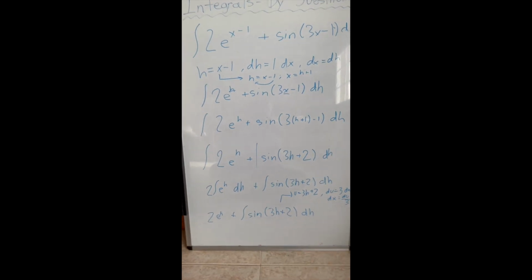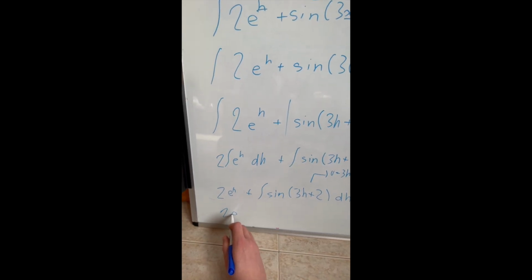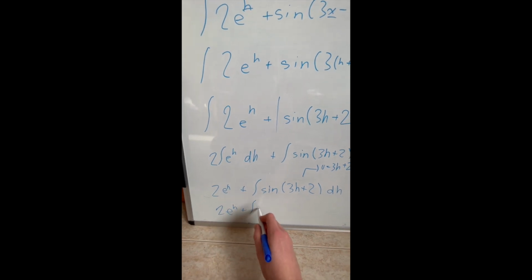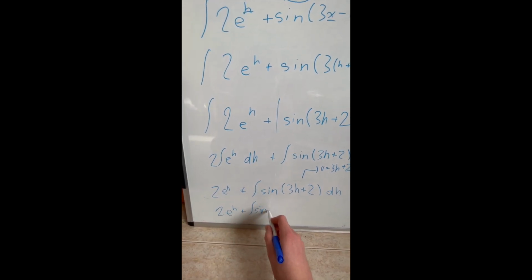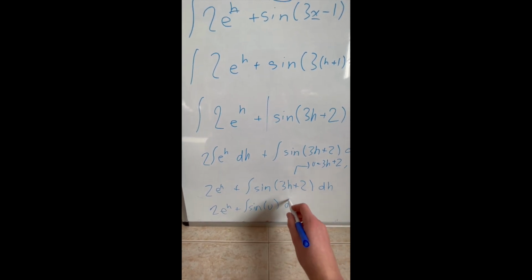That is what we're left with. So if we substitute this back here, we have 2 times e to the power of h plus 1/3 times the integral of sine of u du.